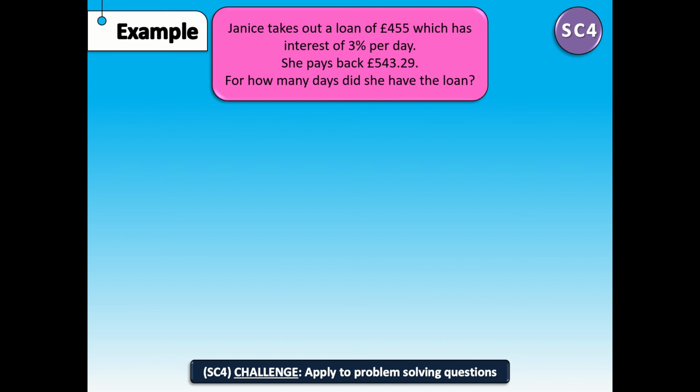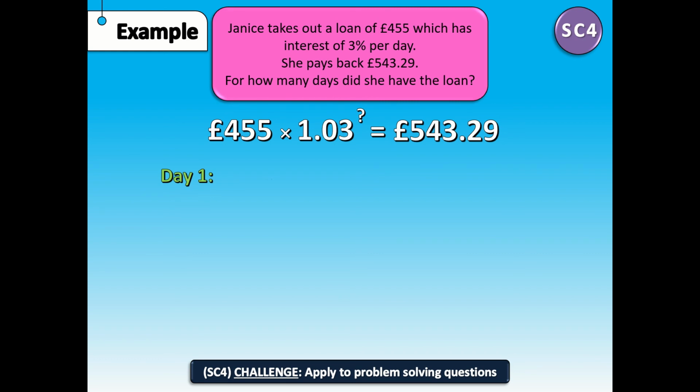In this example, Janice takes out a loan of £455, which has an interest of 3% per day. She pays back £543.29. So for how many days did she have the loan? Well, in a question like this, we need to do some working out until we get the amount of days.